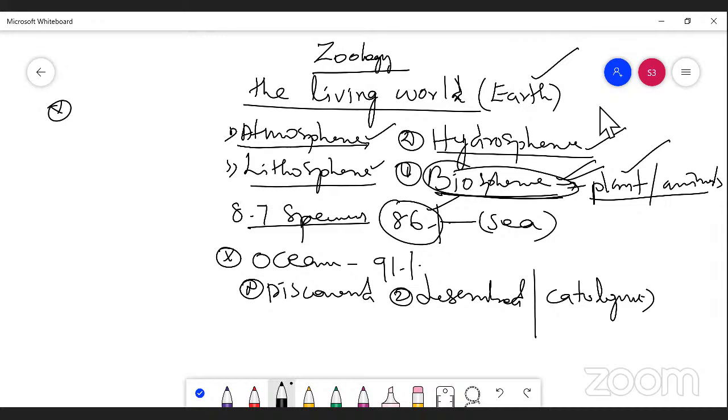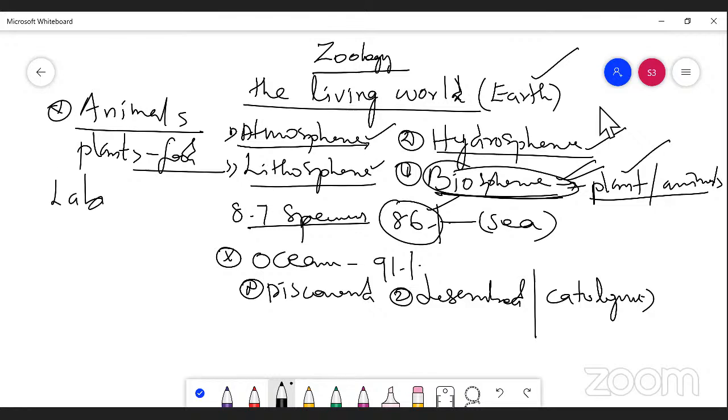Many animals and plants are used for food requirements, and another part is used as labor, for farm work.